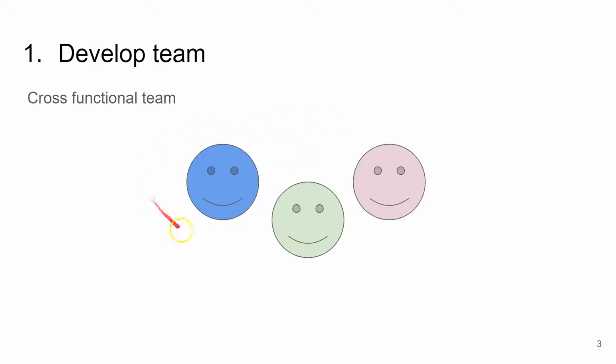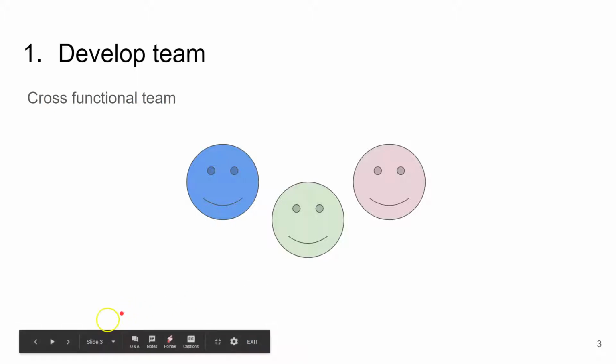So we need a cross-functional team representing all these disciplines to do a WBS. So we form the team and establish their roles and commitment levels to this WBS creation. That is the first step.